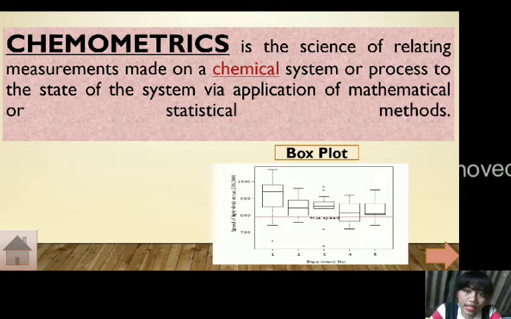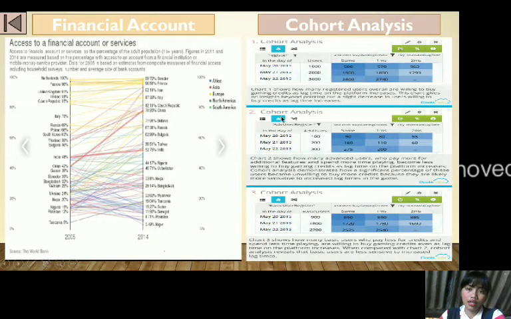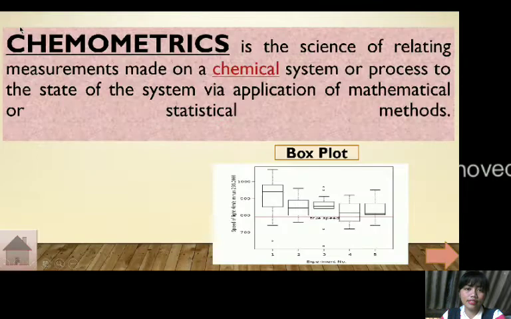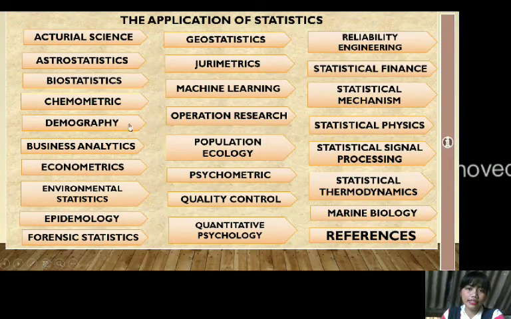In this way, it mirrors other interdisciplinary fields such as psychometrics and econometrics. So here are examples of statistics in chemometrics. We use this in box plots, in financial accounts, in cohort analysis. So that is chemometrics.